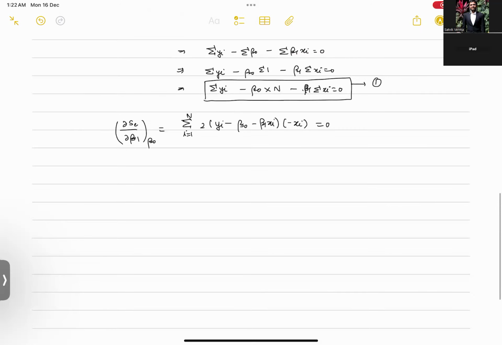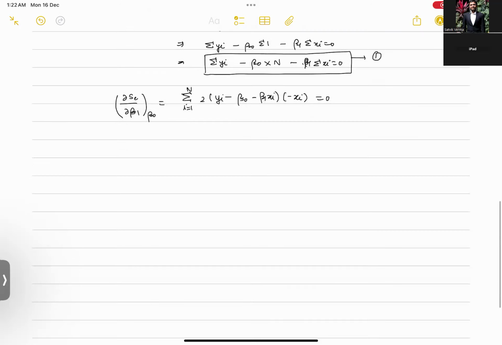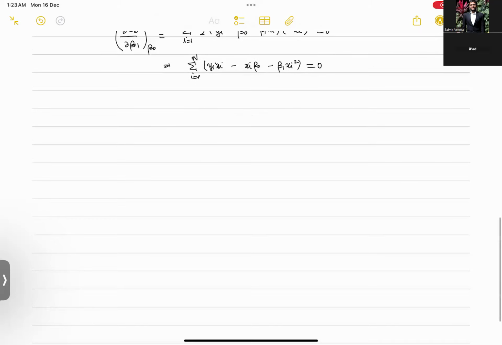So once again, minus 1 into 2 can be brought out of the summation and we could just remove that. So we simply end up getting summation, and we'll now multiply xi inside. So we get yi xi minus xi into beta naught minus beta 1 into xi square equals to 0.